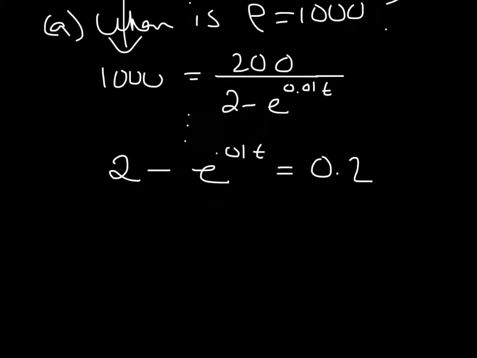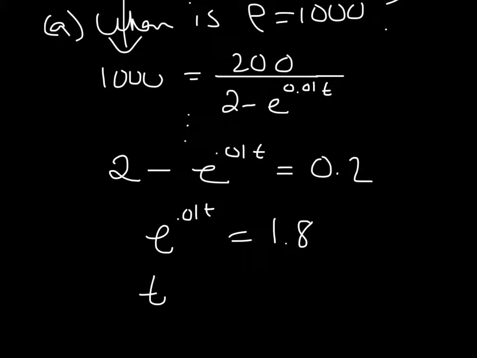And again, solving, moving things around, e to the 0.01t equals 1.8. To solve for t, you can take the natural log of both sides and bring down my 0.01t, because that's the power rule of logarithms.